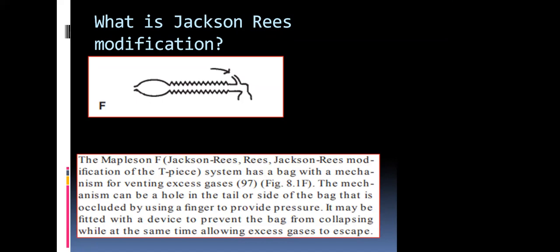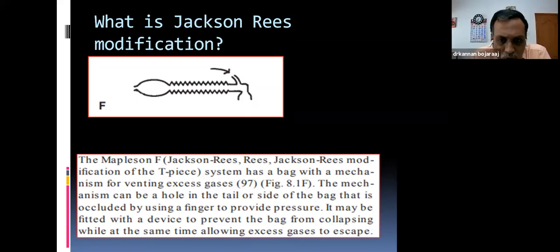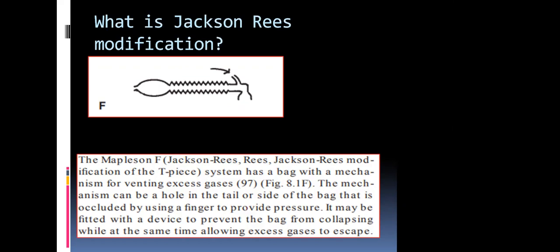And it may be fitted with a device to prevent the bag from collapsing while at the same time allowing excess gas to escape. What is the idea of this bag? Dhanlakshmi, what is the idea of this bag attached to the expiratory limb of the patient? In the circuit we can see whether the baby is in spontaneous mode.